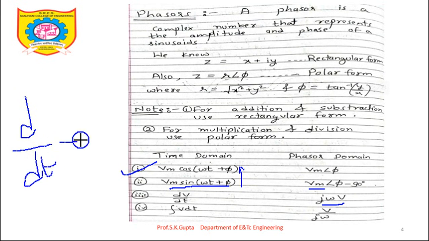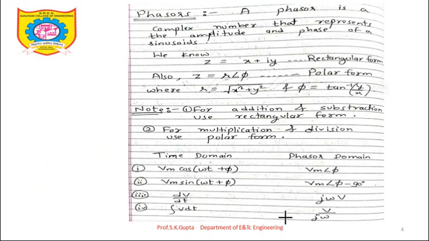In place of v, if I is written, say d by dt of I, it becomes j omega times I. Now if it is an integration, then we are dividing by j omega. If it is an integration of v dt, then we are dividing by j omega, because derivative and integration are opposite operations. Okay, thank you.